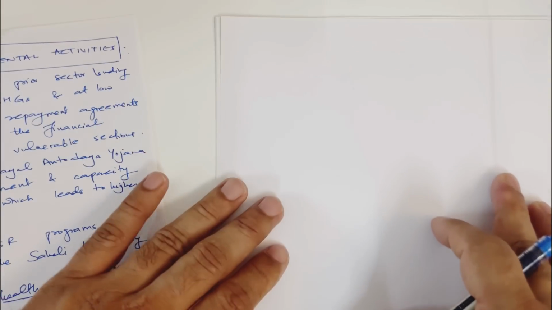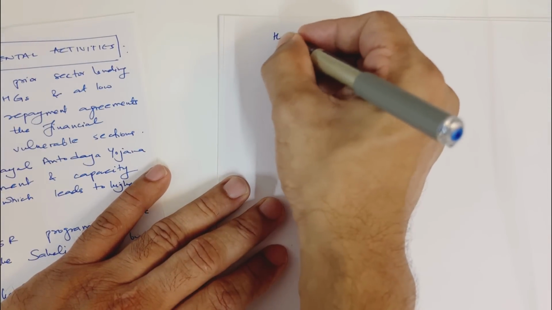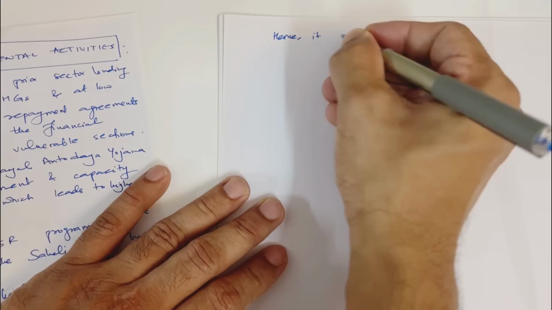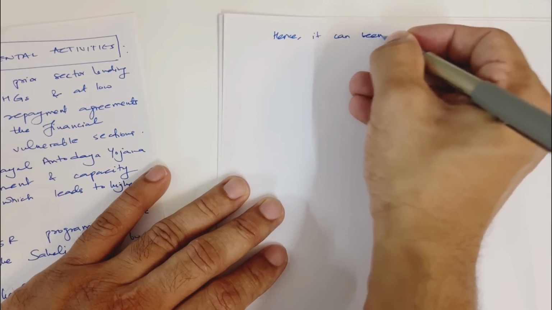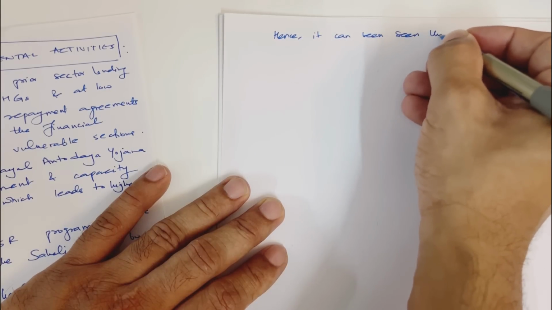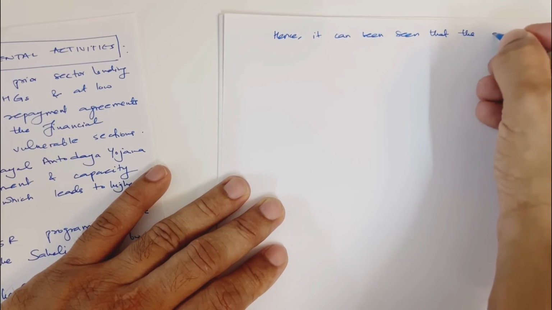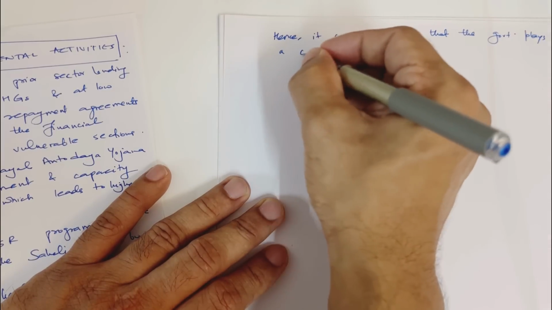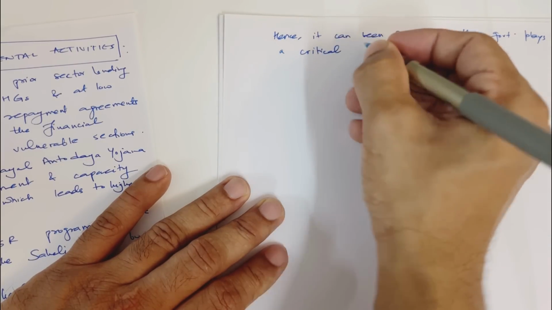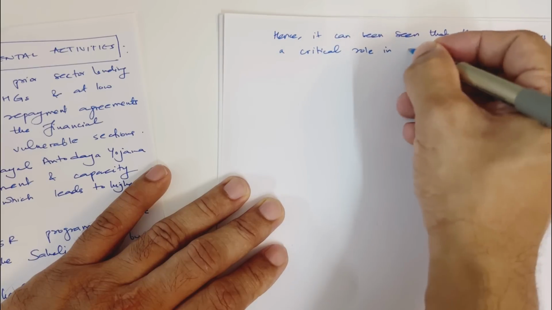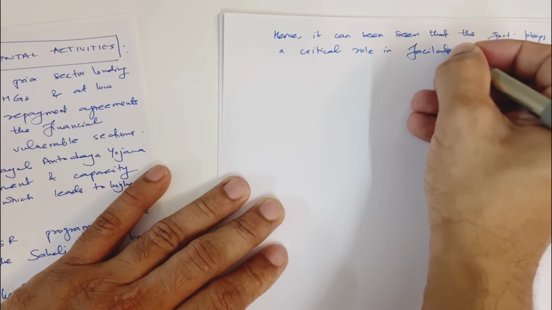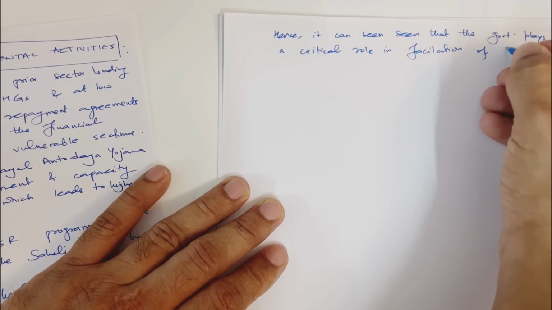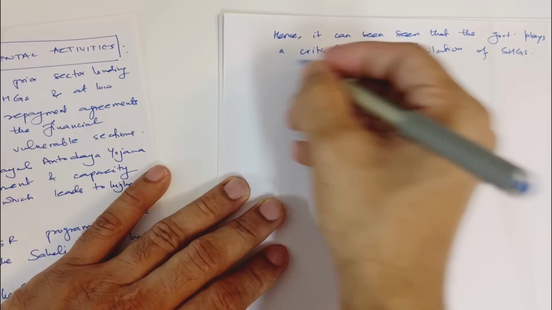Now you can conclude it, and in the conclusion I would write a very simple statement. Hence, it can be seen that the government plays a critical role in facilitation of SHGs.